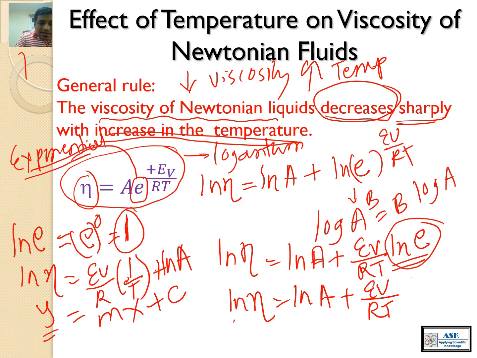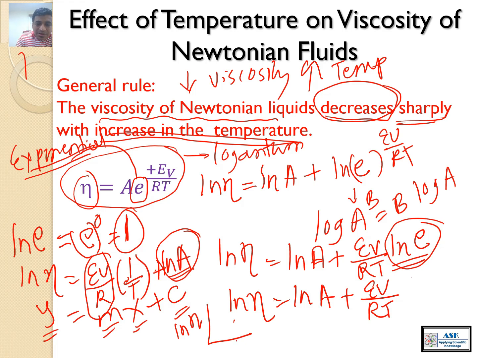So what is y? ln eta. m is Ev divided by R. x is 1 divided by T. And c is the y-intercept, and that is ln A. So when you plot ln eta as a function of 1 divided by T, you get a y-intercept, and that y-intercept is ln A. And from the slope you get Ev divided by R.